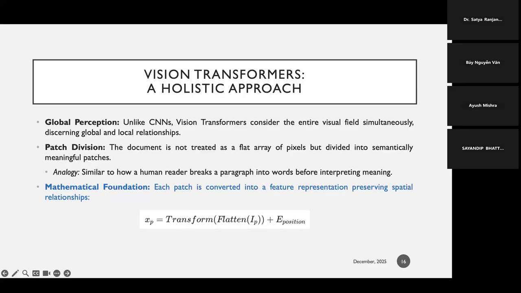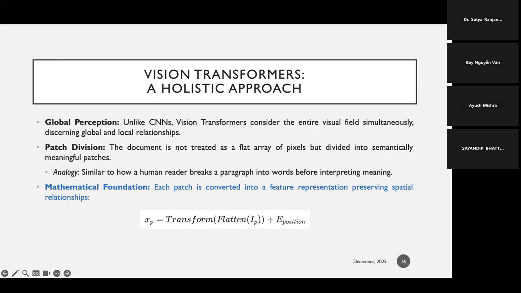So this leads to the mathematical foundation you see here. Don't let the math intimidate you. The concept is quite elegant. The most critical part here is E-position, because the transformer looks at all patches at the same time, not in order. It needs a way to know where things are.